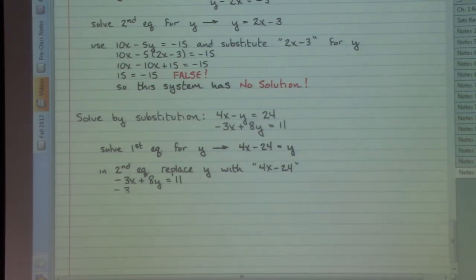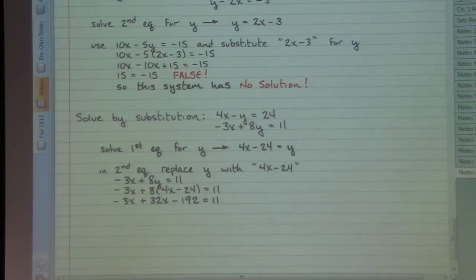We'll then go ahead and replace the y with our 4x minus 24 and see what happens as we work through our steps here. If we distribute, that will give us negative 3x plus 32x minus 192 equals 11.